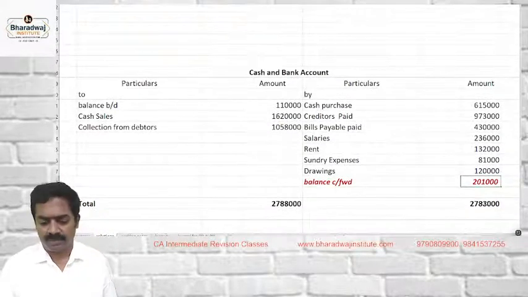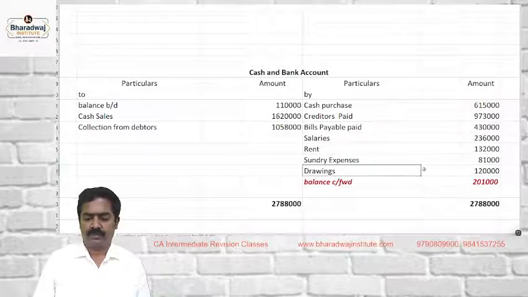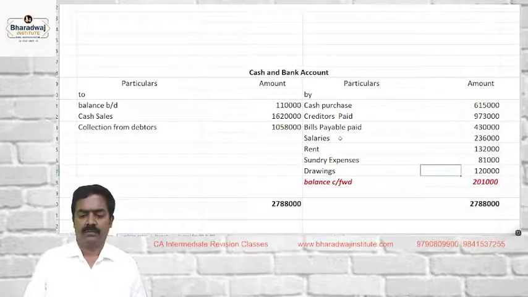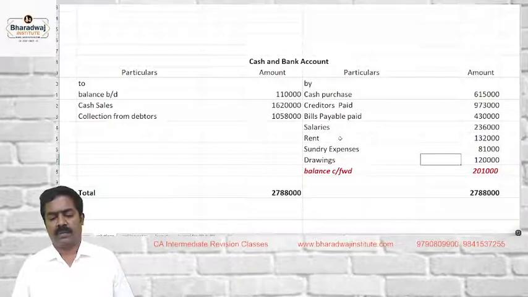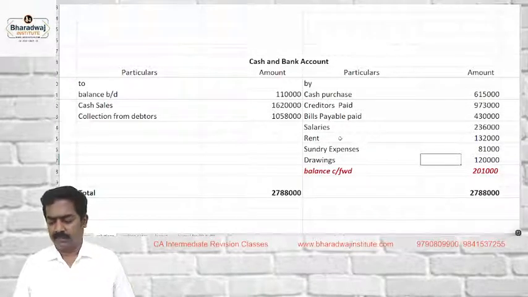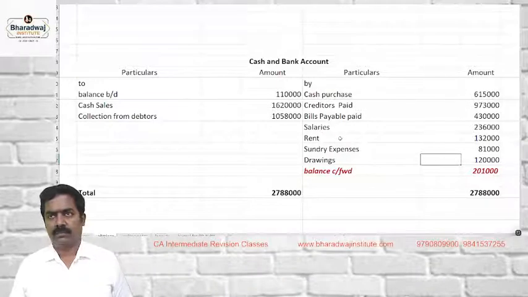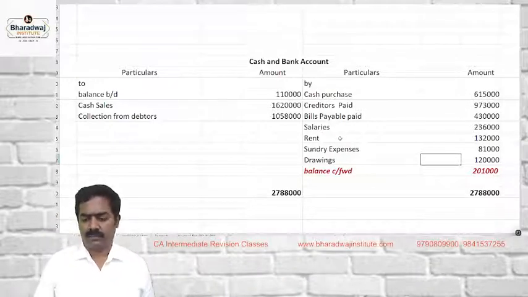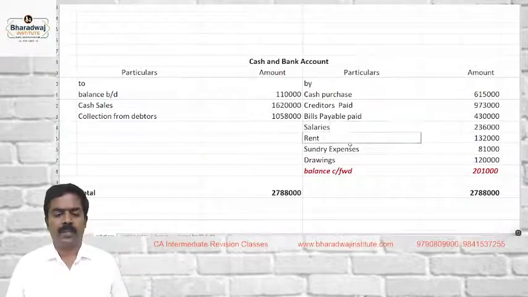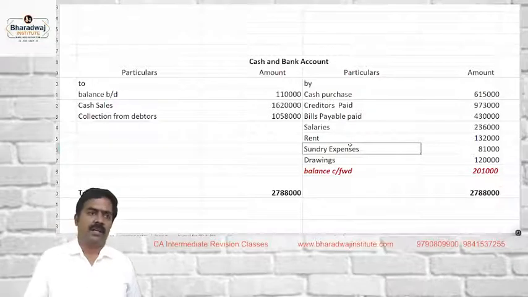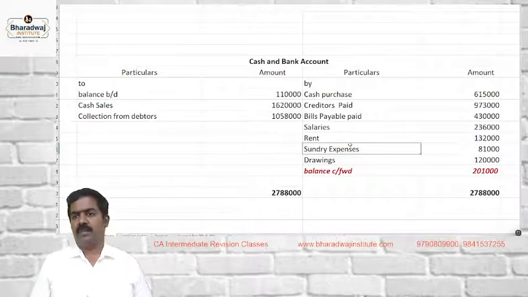Am I right? Good. Ensure that prepaid and outstanding things are adjusted. Start with trading P&L account next.